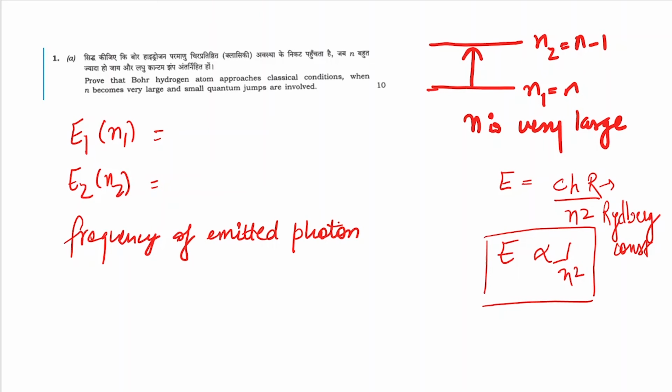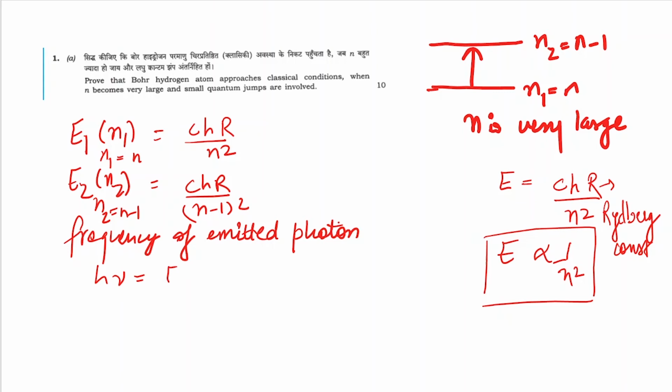Our E1 is where n1 is n and n2 is n minus 1. So we simply write C H R by n square, and here C H R over n minus 1 whole square. Our frequency we can equate by the difference between the energy levels.